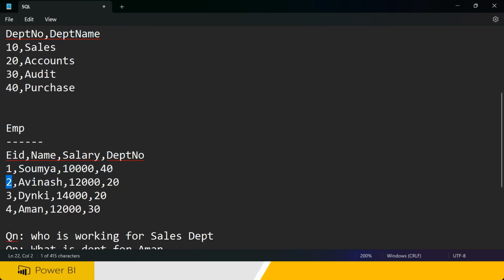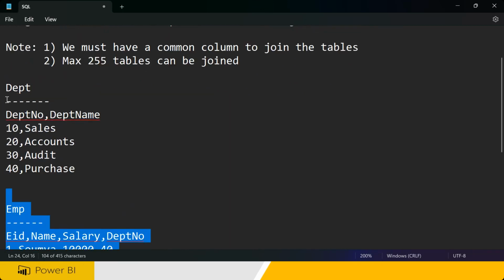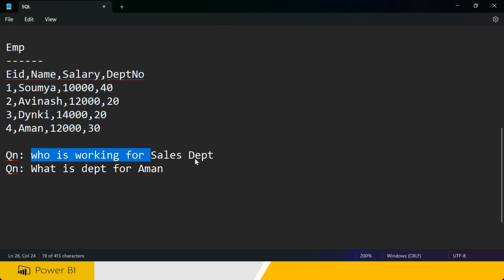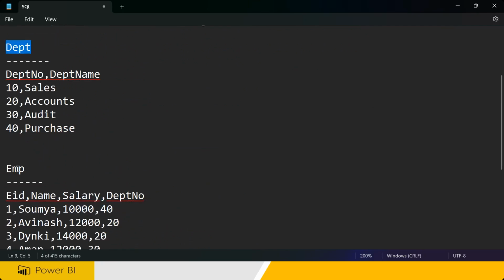But I want to ask questions using two tables, like who's working for sales department. That means I have to join the data based on this table and this table. If you wanted to join the data, common column has to be there.